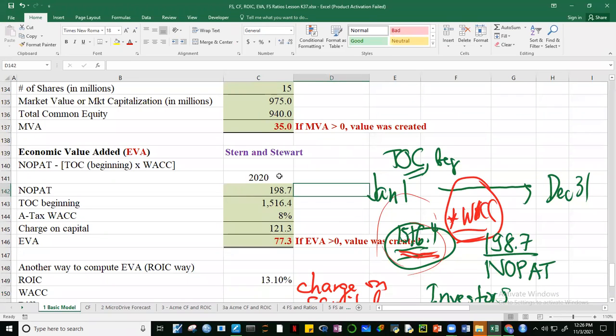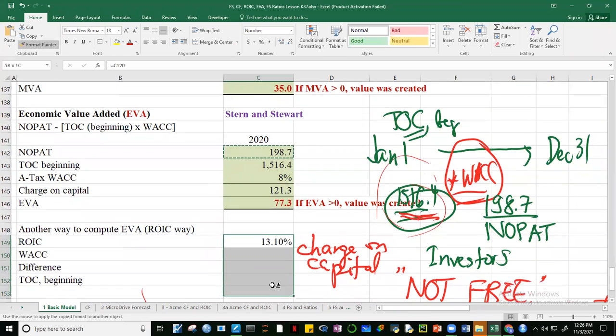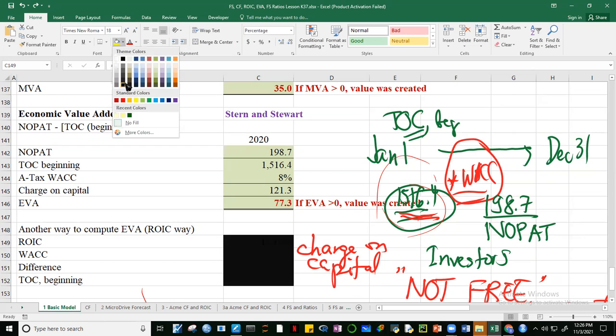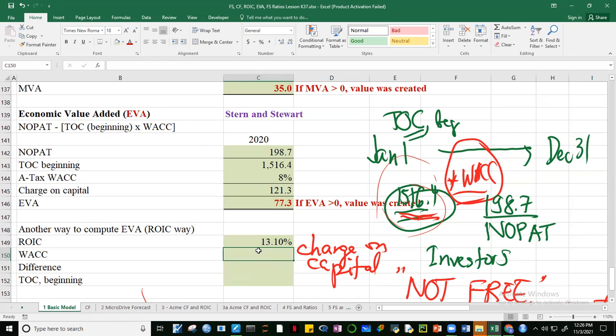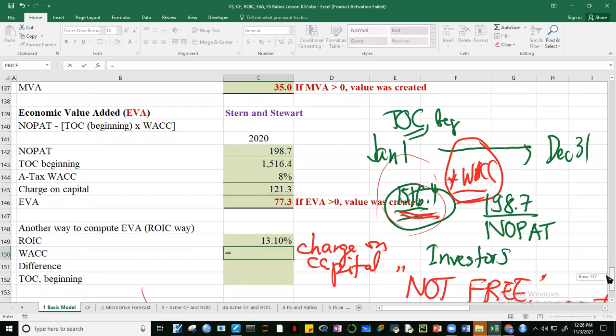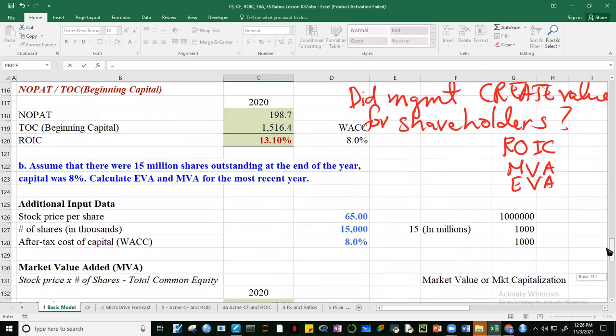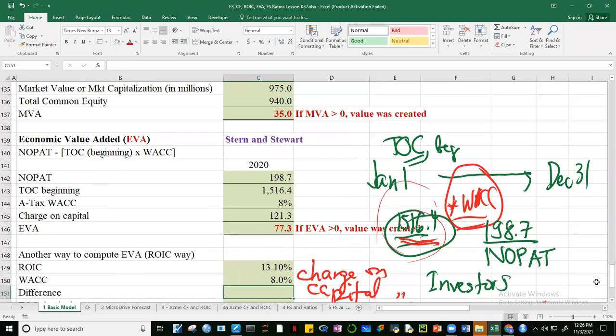Then we compare it with the weighted average cost of capital. The WACC is equal to 8%, right?